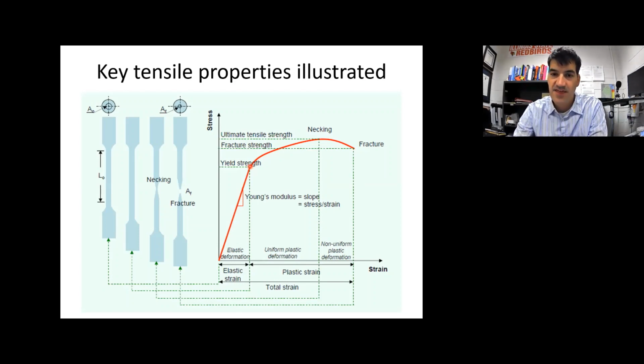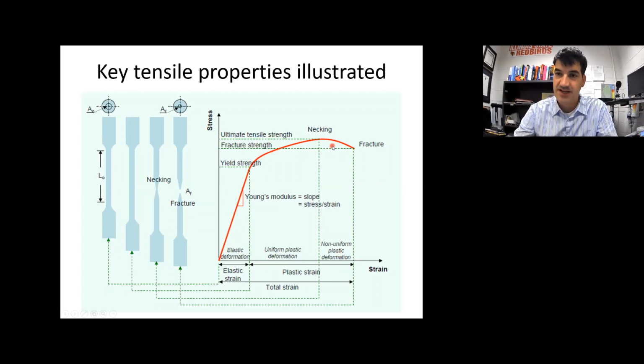Once you get up to here, this is called the yield strength or the yield stress. Once you get beyond that, this is called the plastic deformation region. In fact, this is called the uniform plastic deformation region because the whole test specimen region is deforming plastically, but uniformly. And the reason we call it uniform deformation is because once we get into this region, it's not uniform.